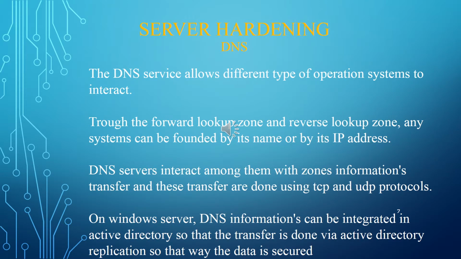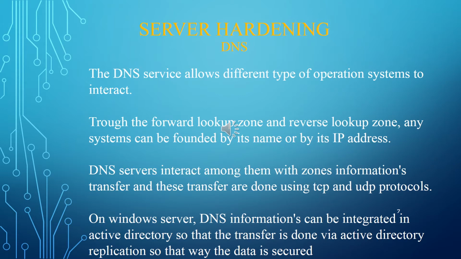On this slide, I'll be discussing server hardening for DNS. So the DNS service allows different types of operating systems to interact. Through the forward lookup zone and reverse lookup zone, any system can be found by its name or by its IP address.